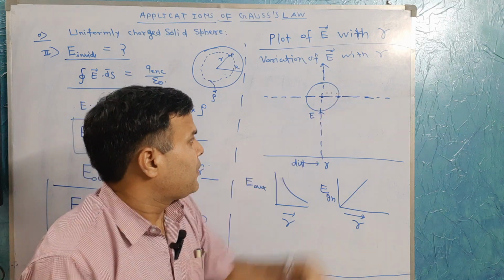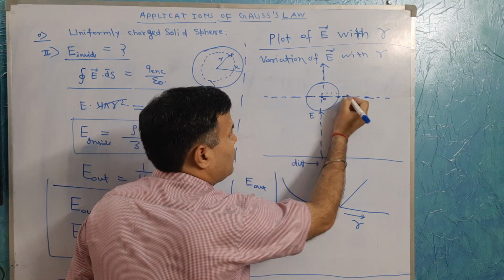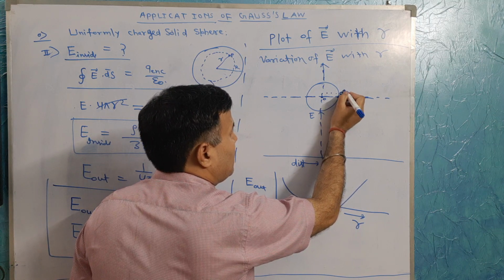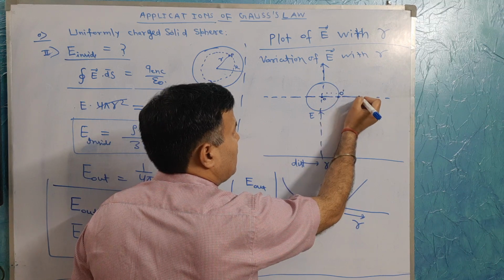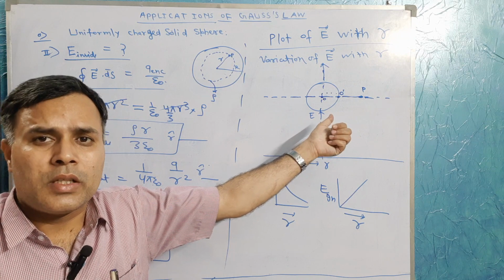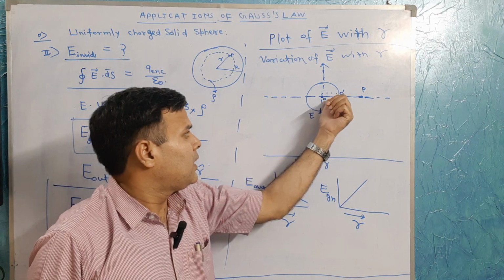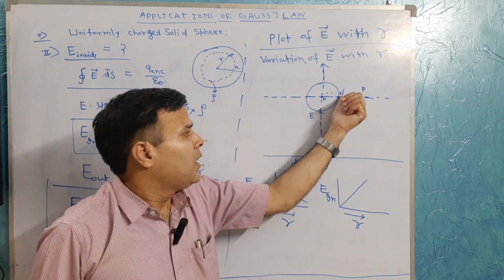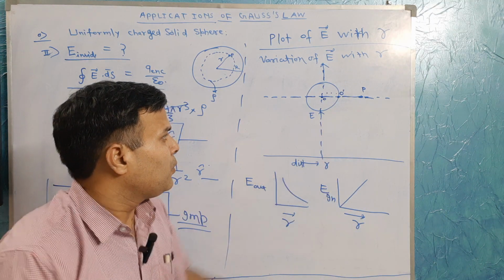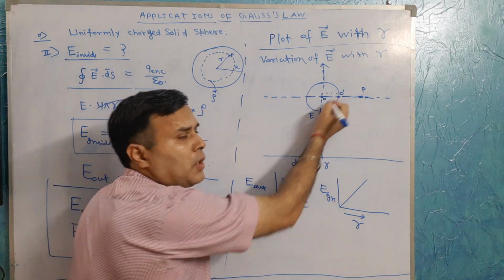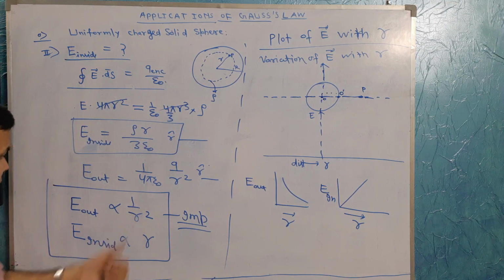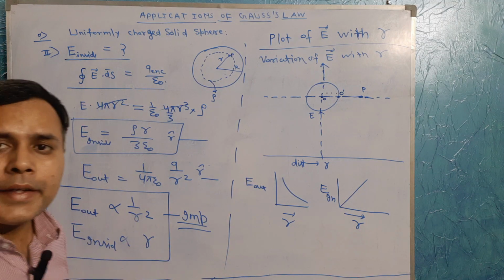After this point, this is O, this is O prime, and this is point P outside. So we have three different situations. From the center to the surface, the electric field behaves linearly, as a straight line. If you go beyond the surface of the sphere, what is the profile of the electric field? The electric field outside is governed by the 1 by r square profile.